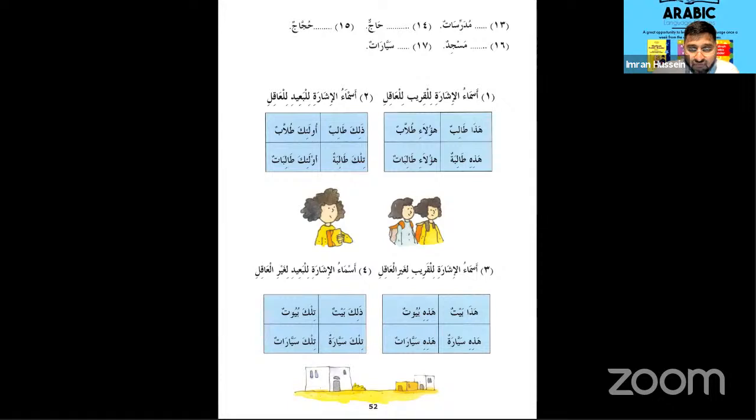These are the subtleties of the language. Right. Next one. Hadihi sayyaratun. This is a car, and the plural of cars is sayyaratun, alif and ta at the end. Normally for the plural of hadihi we use haulai, but because it's غير عاقل, we say hadihi sayyaratun. Is that clear? Yes, sir.